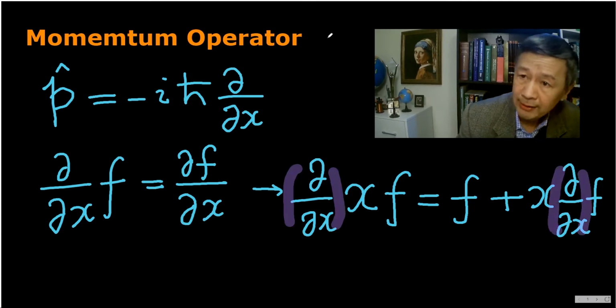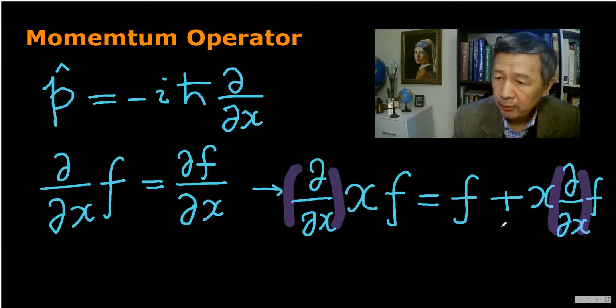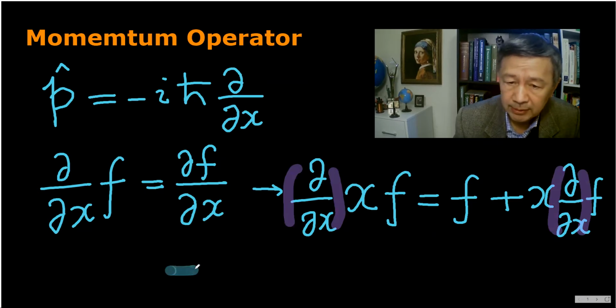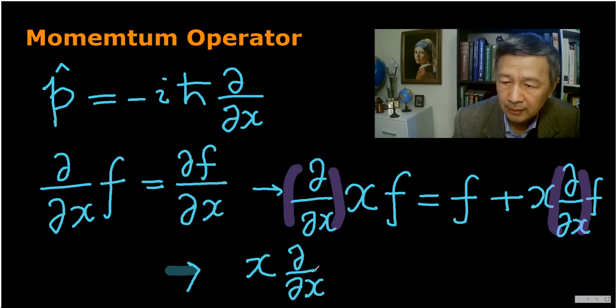If we arrange the result of the product rule slightly, we can obtain x ∂/∂x minus ∂/∂x x.